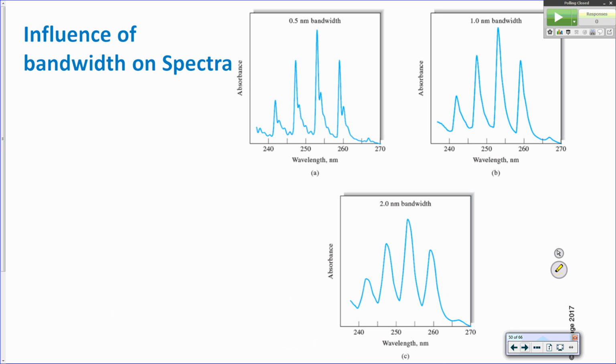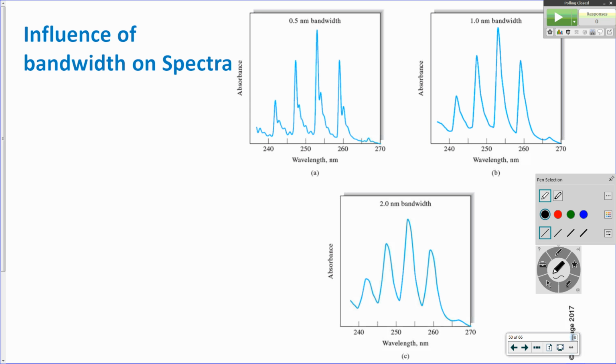So this gives you an example of the spectra. This is benzene. This is benzene vapor, I should say. Benzene, C6H6.